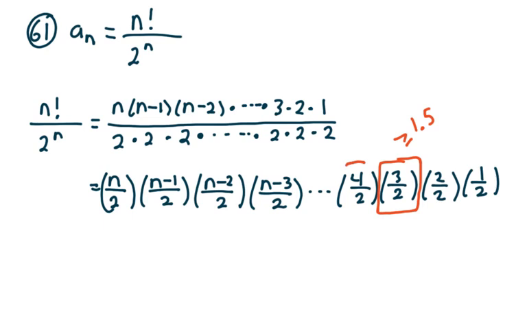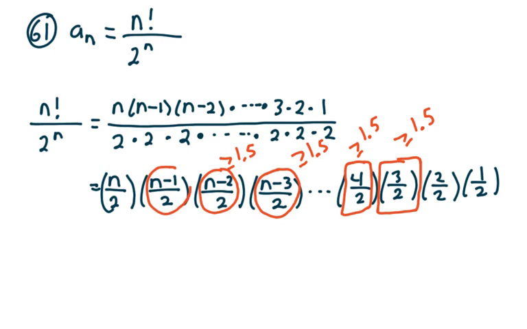So in other words, when I look at 4 over 2, this is bigger than or equal to 1.5. When I look at n minus 3 over 2, this one is bigger than or equal to 1.5. When I look at n minus 2 over 2, bigger than or equal to 1.5. When I look at n minus 1 over 2, bigger than or equal to 1.5. And when I look at n over 2, this is bigger than or equal to 1.5.